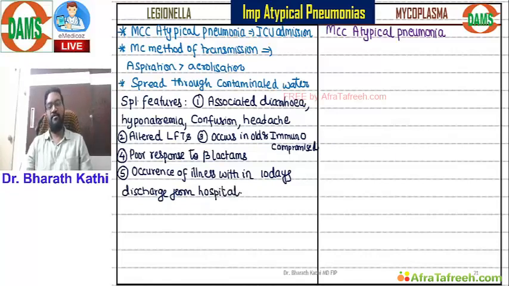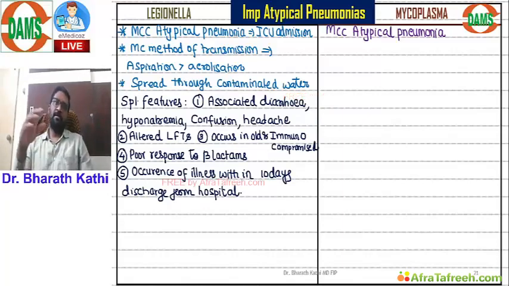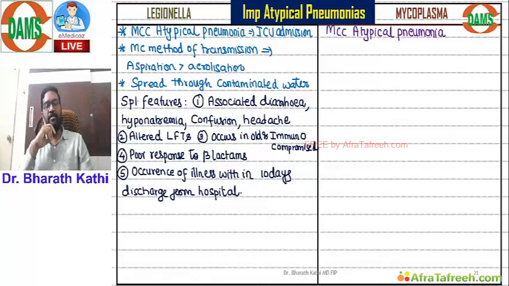Now what is this? Suppose there is a patient admitted to hospital with abdominal pain. Now in the hospital, he is exposed to contaminated water containing Legionella. Now Legionella incubation period is prolonged. It takes 7 to 10 days for the disease to happen.